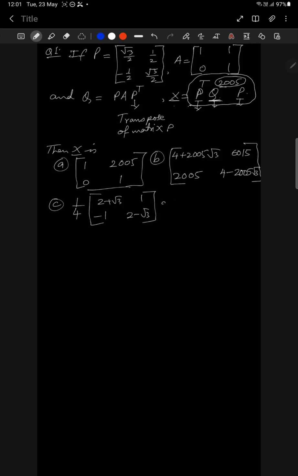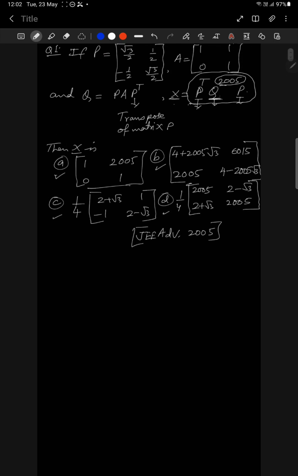Option D is 1 by 4, then 2005, 2 minus root 3, 2 plus root 3, 2005. So out of these four options, which one is correct, that you have to find out, whether X is A, B, C or D.